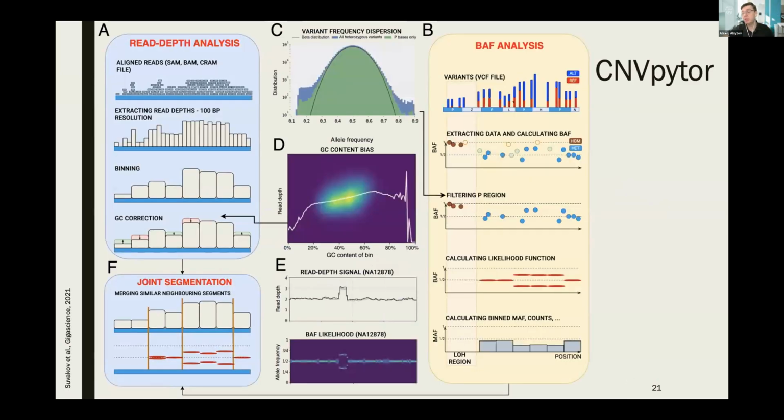We specifically developed a tool, CNVpytor, to discover somatic copy number variations. Before, we had a tool, CNVnator, which was oriented toward germline, and CNVpytor is its successor, expanding CNVnator to somatic copy number discovery. Briefly, it uses read depth information, which I already mentioned, but it also looks at imbalance of the haplotypes.